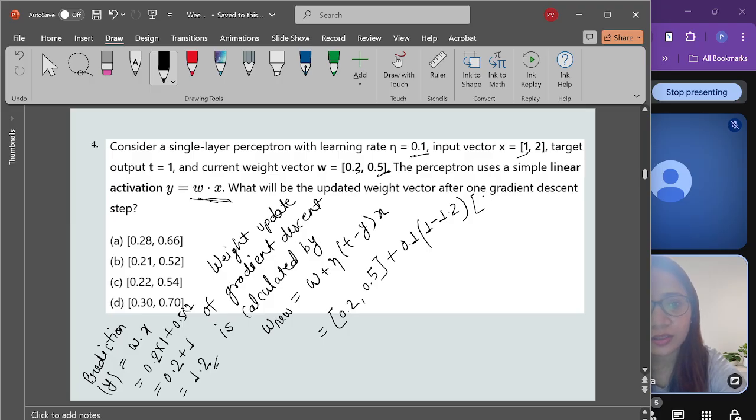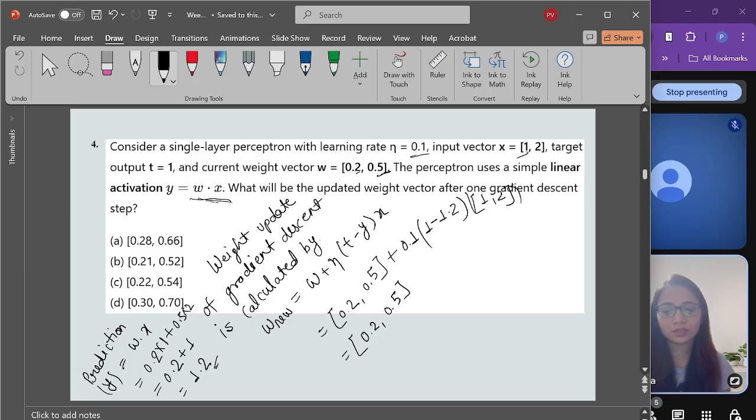The x vector is given as 1, 2 here. You can calculate one by one also, first take 0.2 and 1, or I am taking it parallelly in vector form.